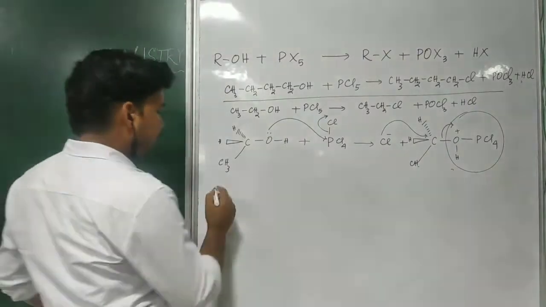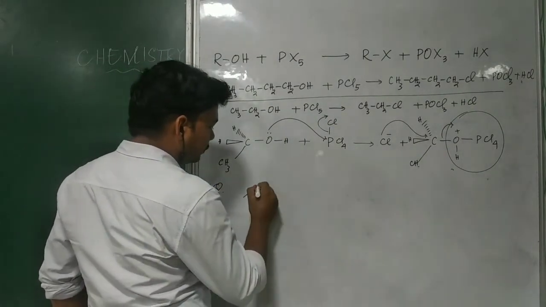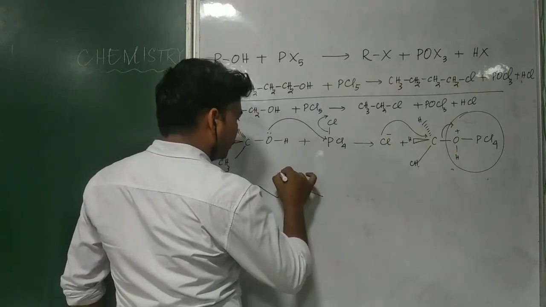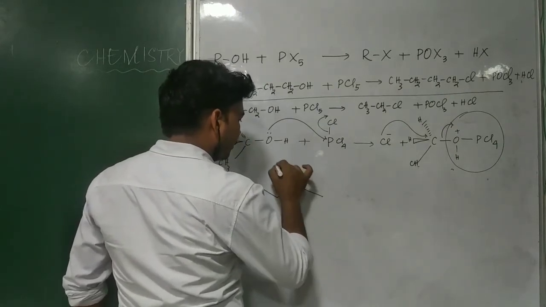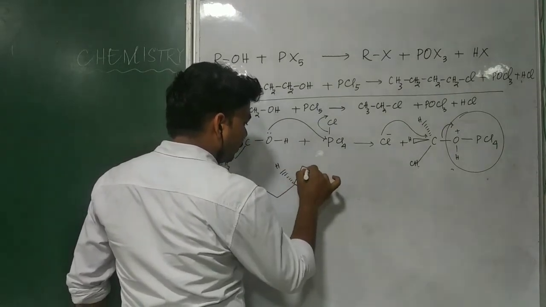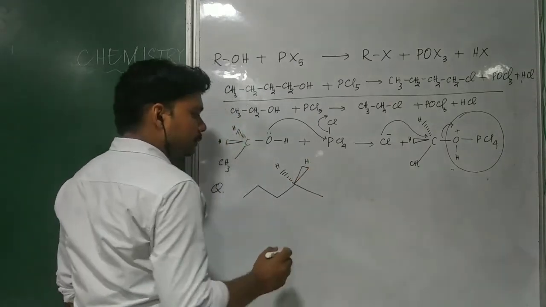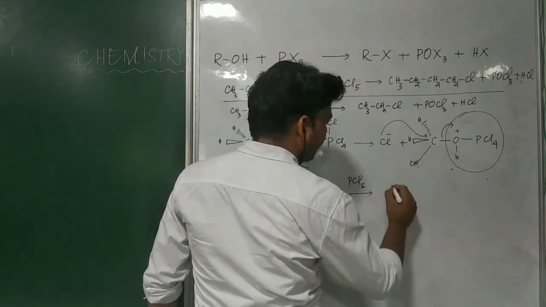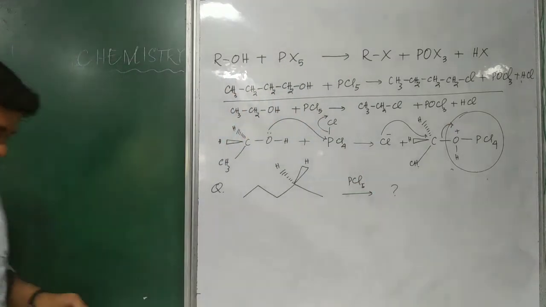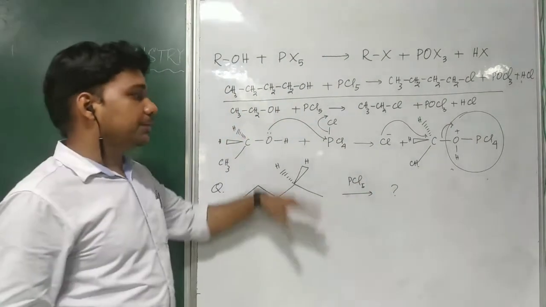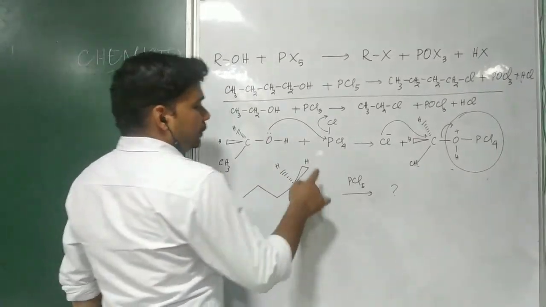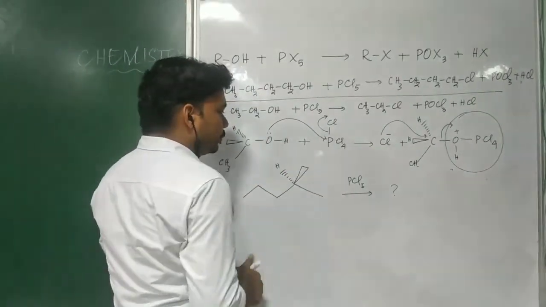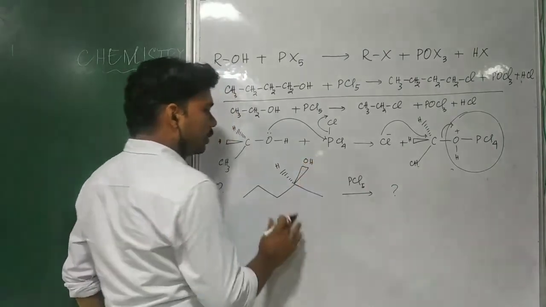The question is, if this alcohol, pentan-2-ol, is treated with PCl5, then what would be your product? Okay, this is quite similar to the previous question. This is the OH group, because it is an alcohol, pentan-2-ol.